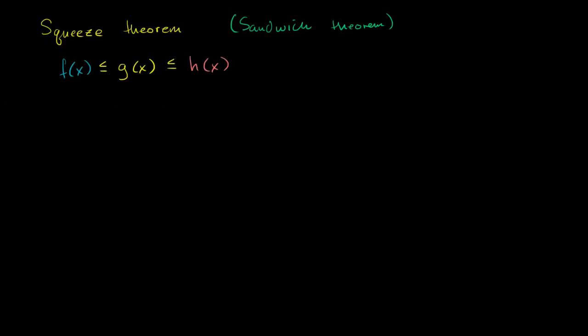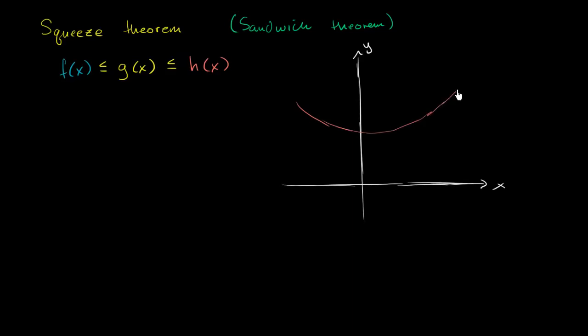So let me depict this graphically. That is my y-axis. This is my x-axis. And I'll just depict some interval on the x-axis right over here. So let's say h of x looks something like this.